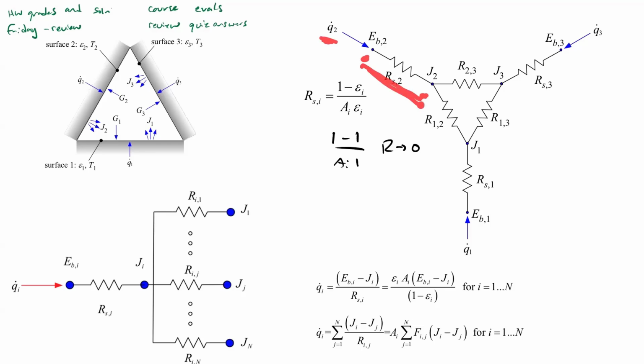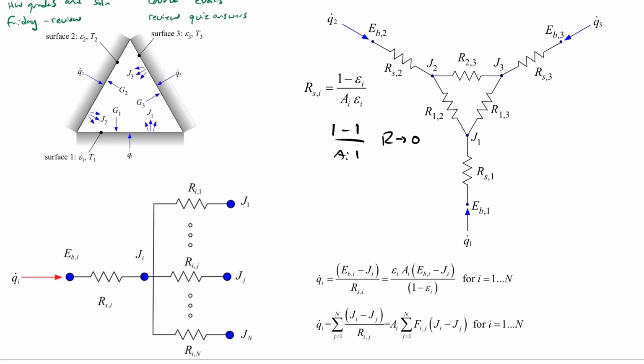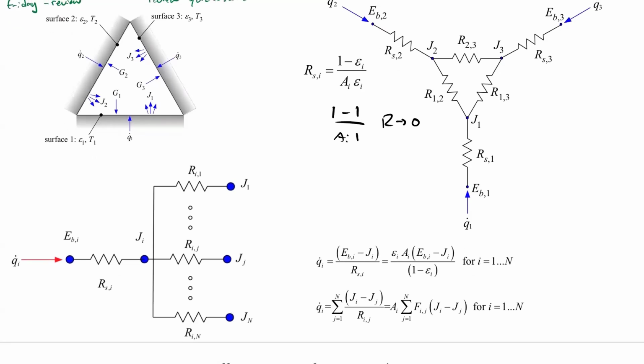There's no physical space between E_B and J. Heat is actually flowing across the surface. Q dot 2 is maybe losing or gaining heat, but there's no physical space. It's just a conceptual resistance associated with emissivity not being equal to 1. Okay, so that wraps up the discussion from last time. Any questions on that or confusion still?